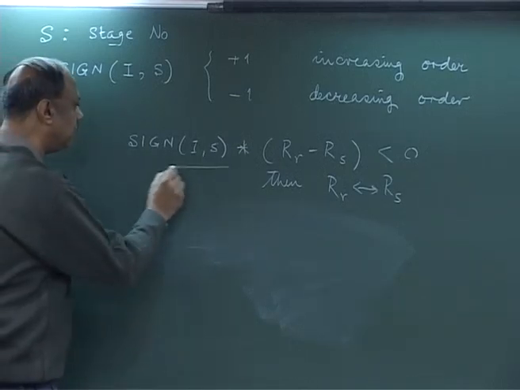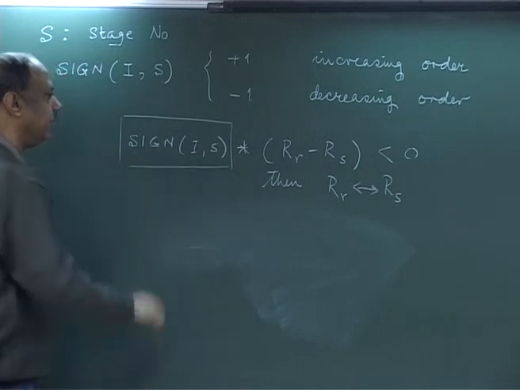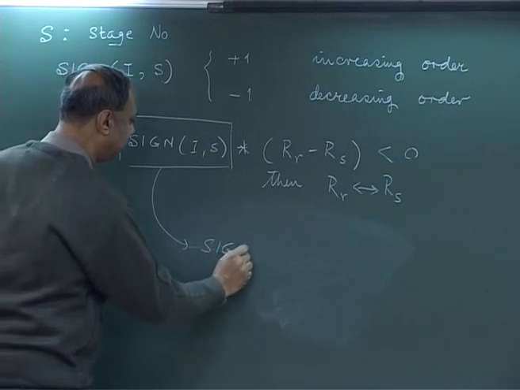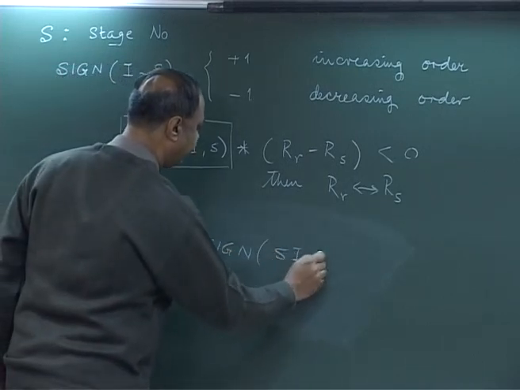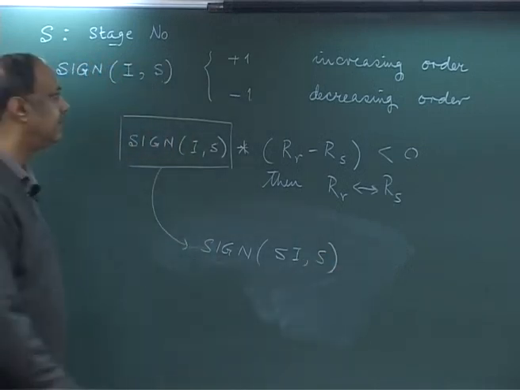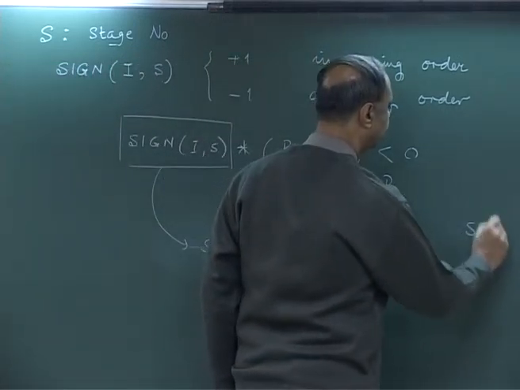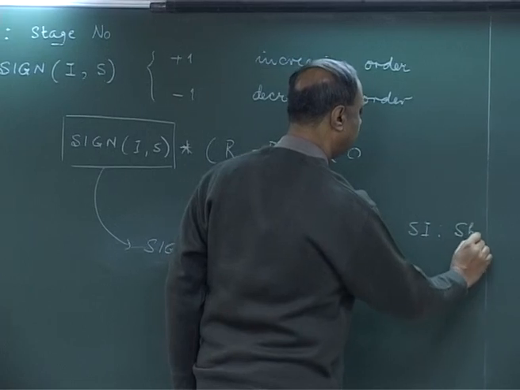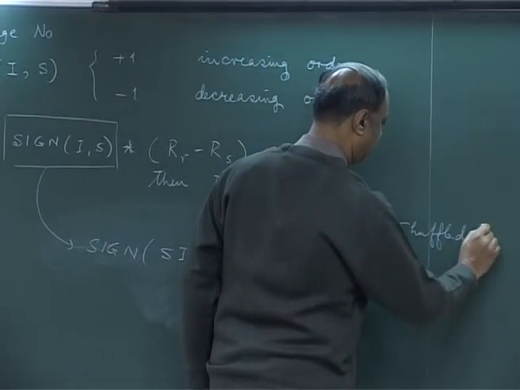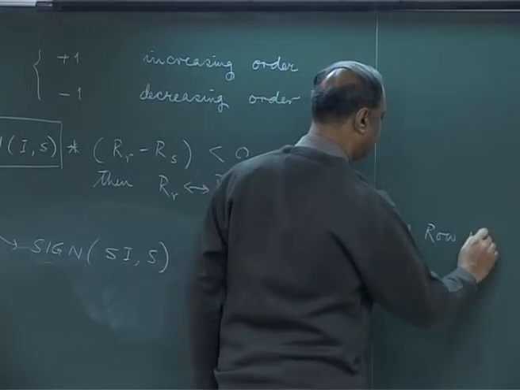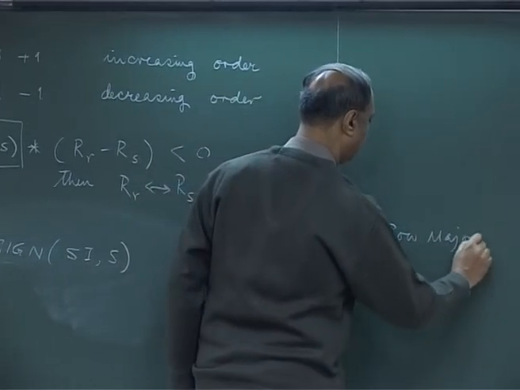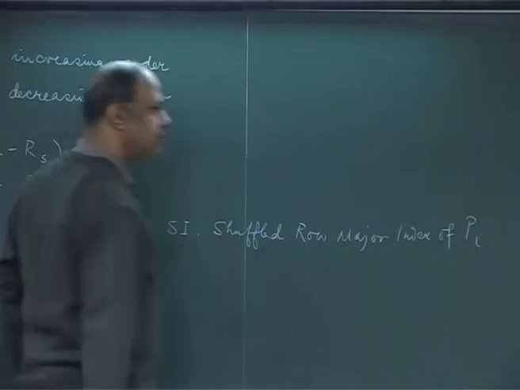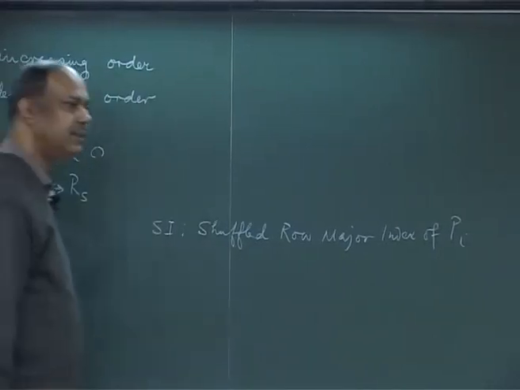Now, how to compute this one? That is the problem yet to be solved. So, the definition of sign(SI) is based on the shuffled row-major index of processor PI. Each processor, if you remember, uses the shuffled row-major indexing scheme.